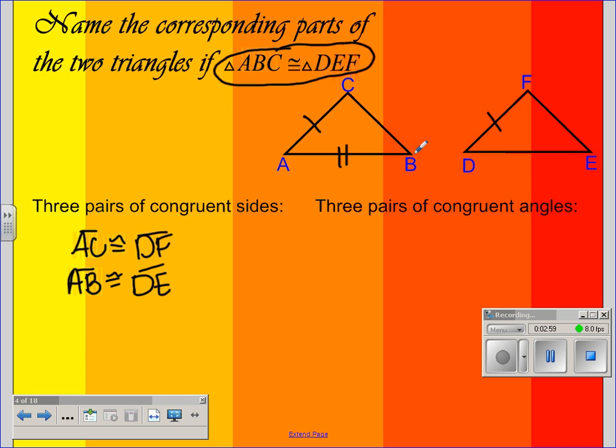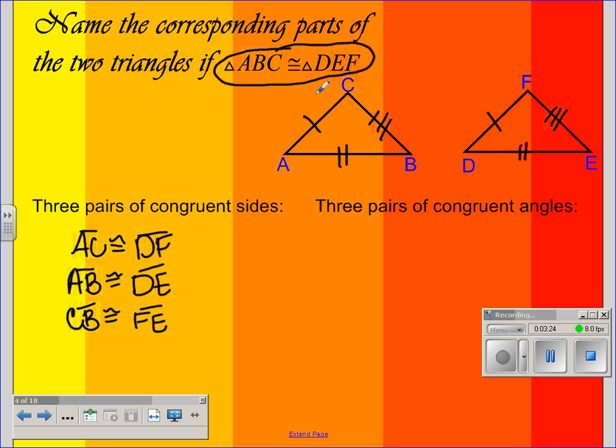Mark those. Then finally we have our last one, CB. Since I said CB, I have to do FE. It's so important to coordinate and match, just like your shoes, people. Again, you could check it: CB, third, second; FE, third, second.